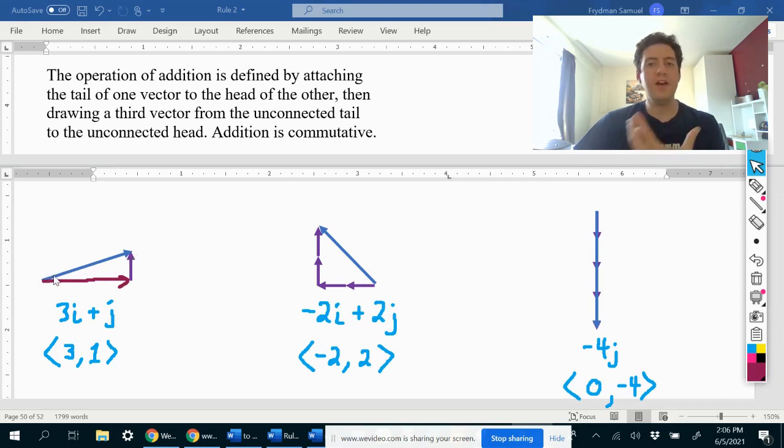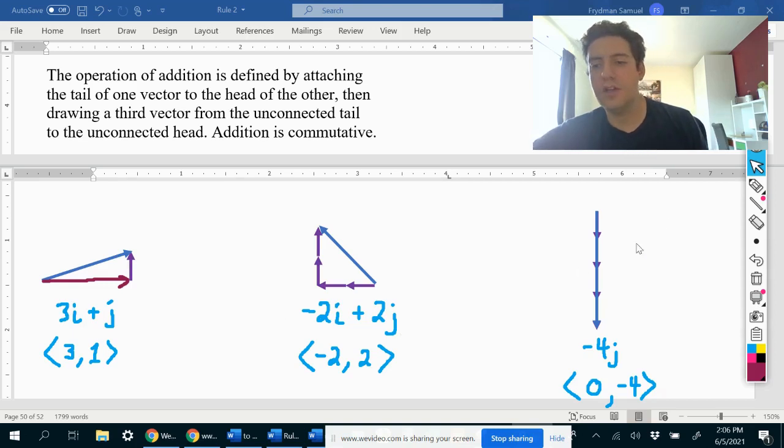So hopefully now it makes a little bit more sense why this vector over here is called 3i plus j. It does follow from what we were talking about earlier about multiplying a vector by a scalar and also adding 2 vectors together.